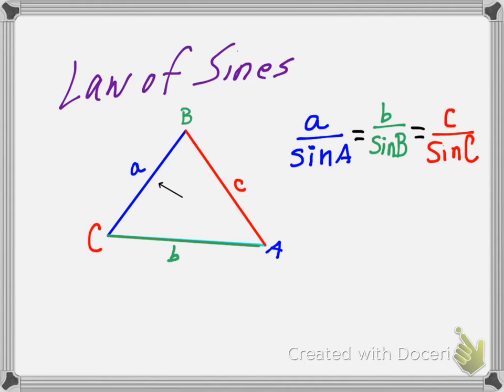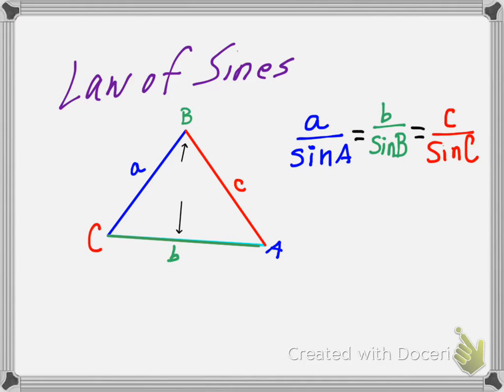If you set a proportion over the sine of this angle here, if we had the measure, then it would in fact be proportionate to the side that's over here and over the sine of B, which is over here.